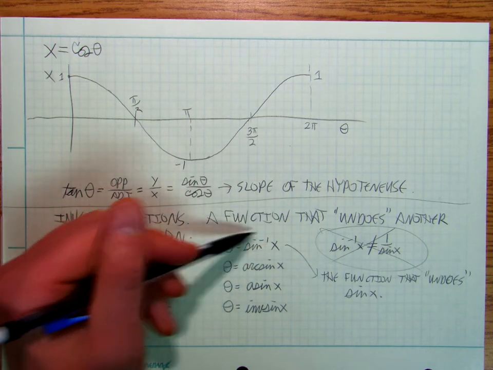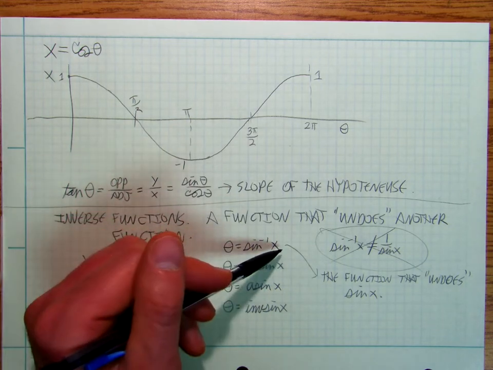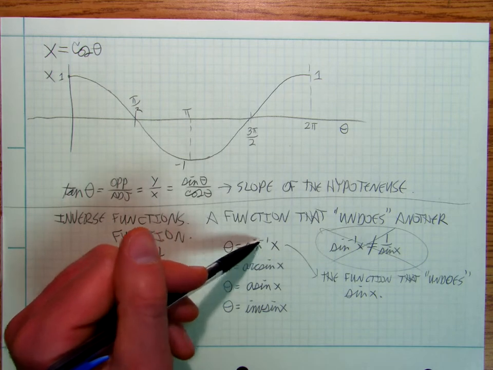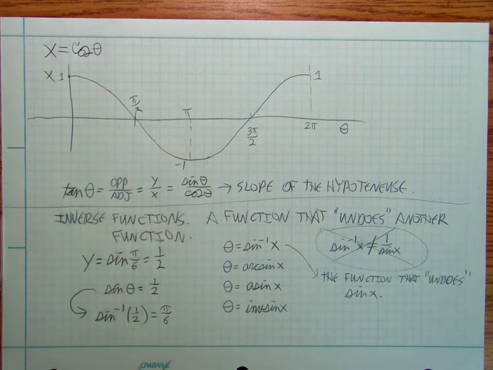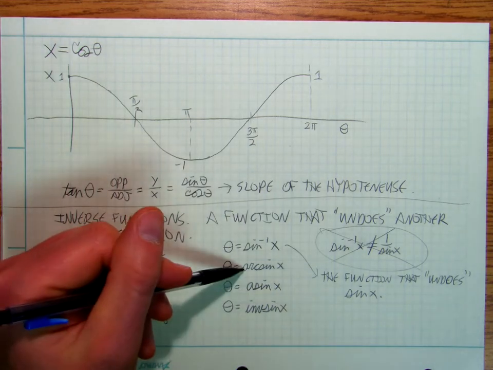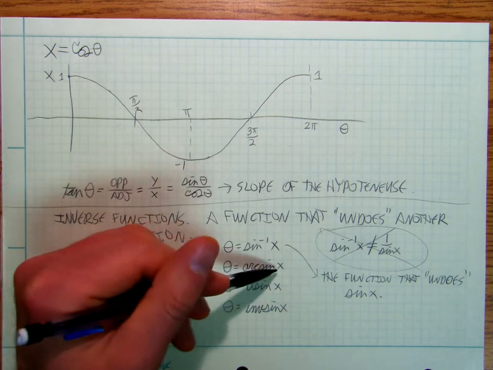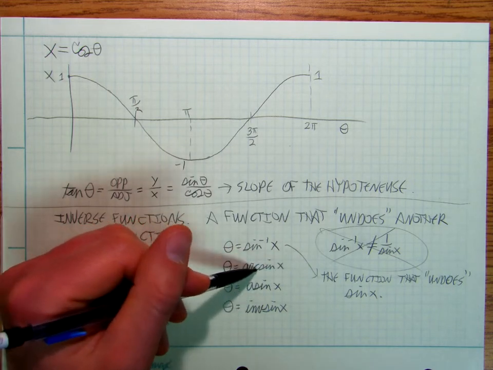That's one that you're going to see in a lot of notations, but because there's confusion there, some people and some textbook authors will go to arc sine, but then you have to write out arc.